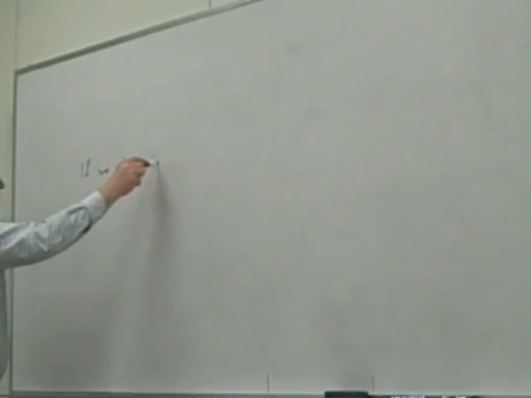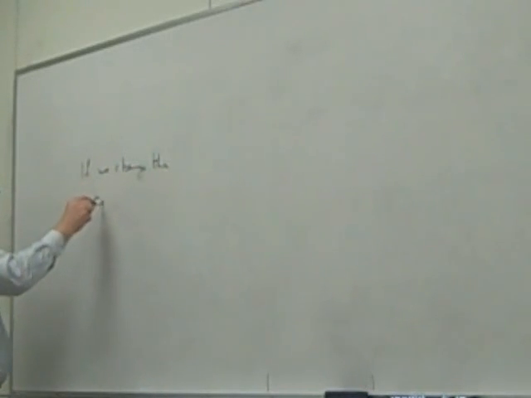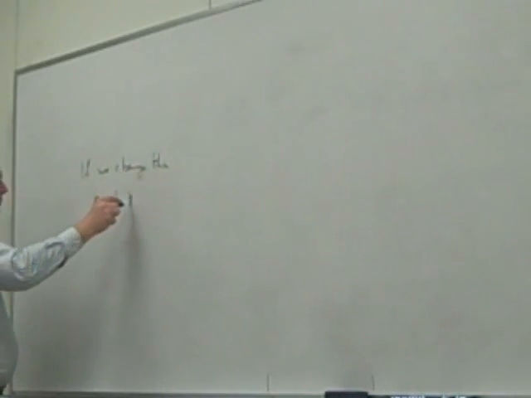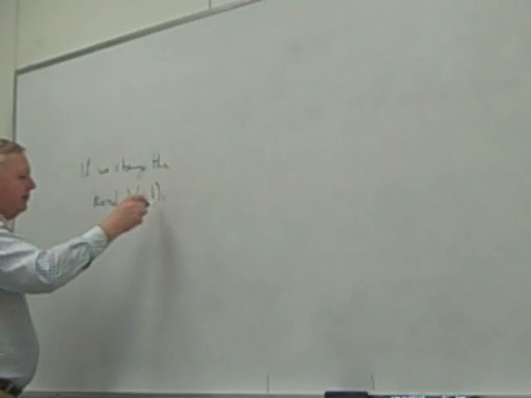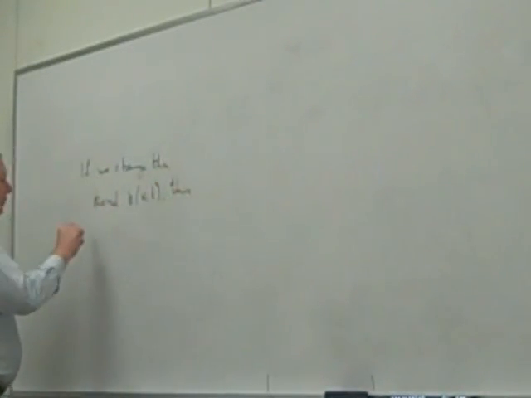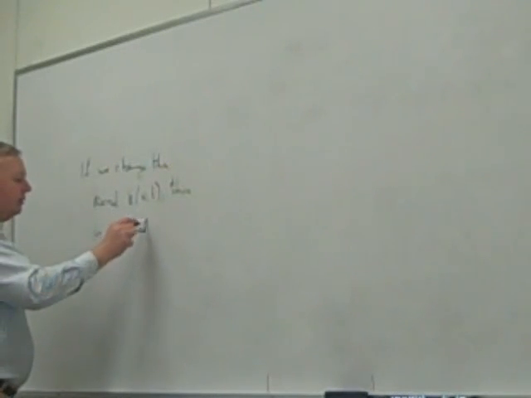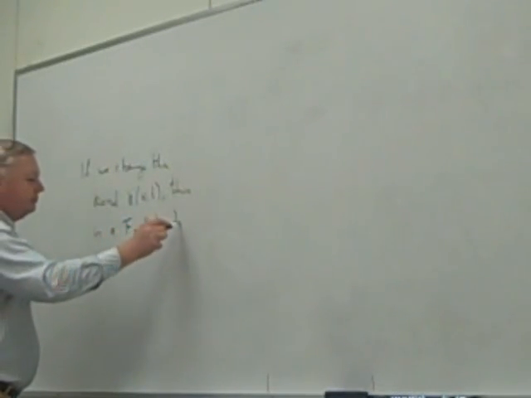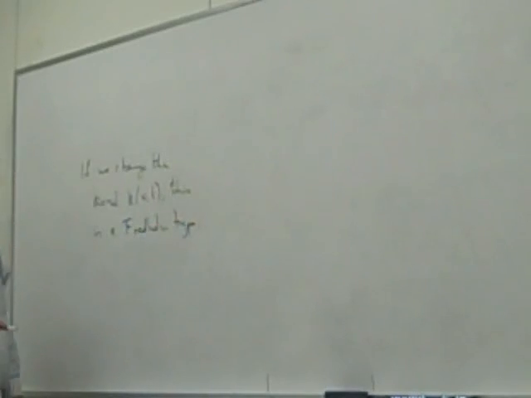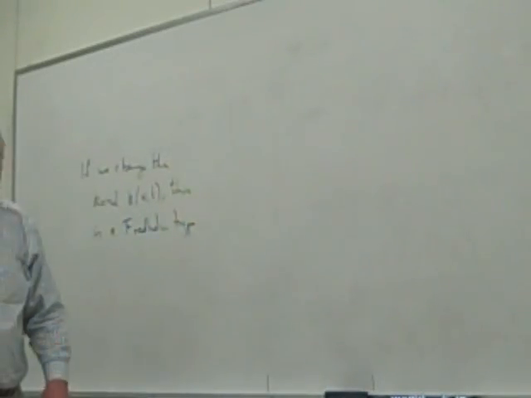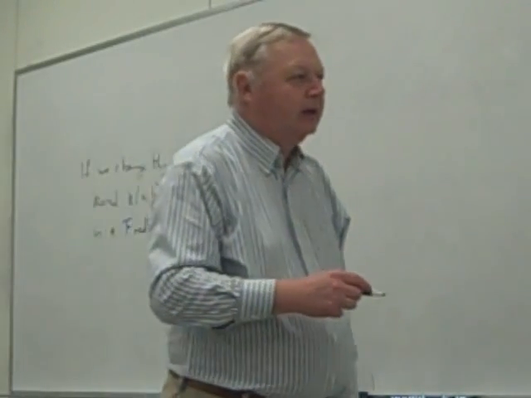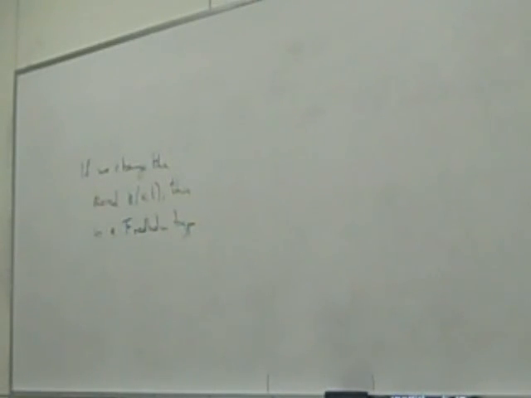Change the kernel, k of x,t, this is a Fredholm type. And the way to do that is, for a fixed value of x, we're only integrating t from a to x.